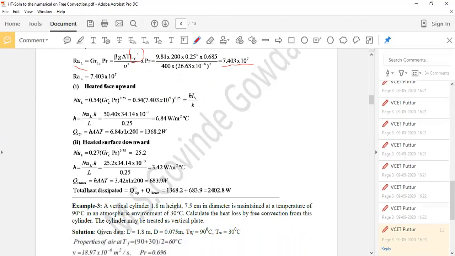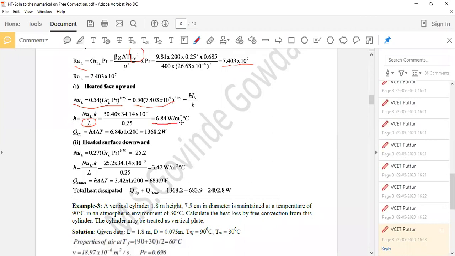Now for the heated surface facing up, you know this correlation. This correlation is used whenever the Rayleigh number lies within this range, 10 to the power of this number. This correlation is valid, so by using this, you can calculate the average heat transfer coefficient h. Again, L is the characteristic length.